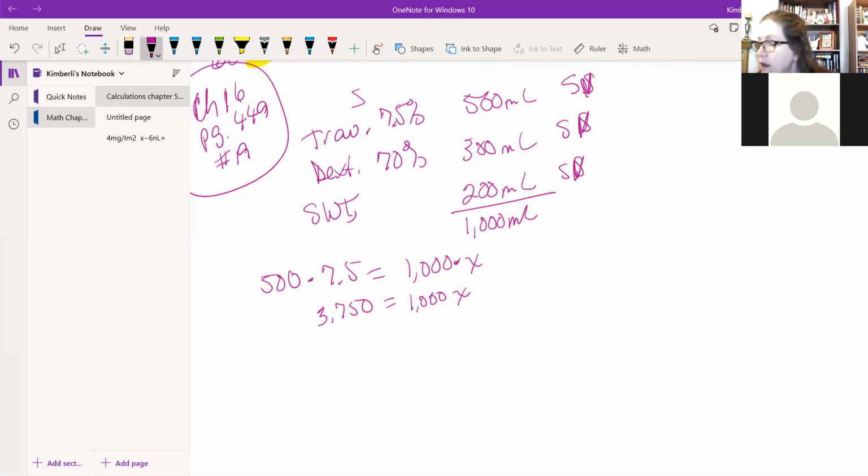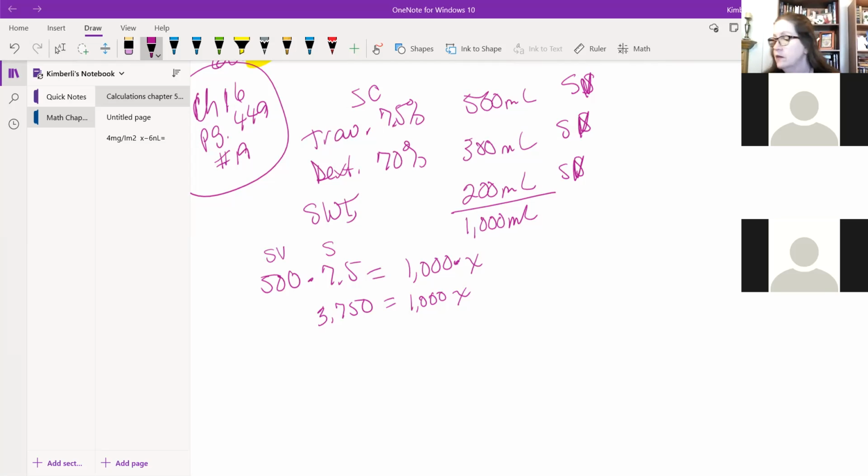I'm sorry, I've taught out of several books and I'm used to initial volume and final volume instead of stock volume and desired volume. You could call it anything you want as long as you're consistent with your calculations and the way you set it up. In this book it's stock strength. So this is our stock volume, this is our stock strength, and this is my desired volume and my desired strength.